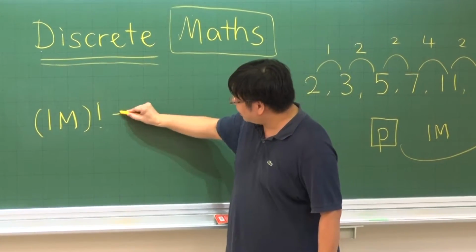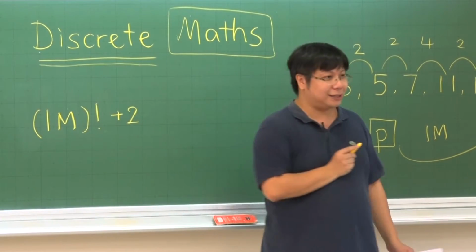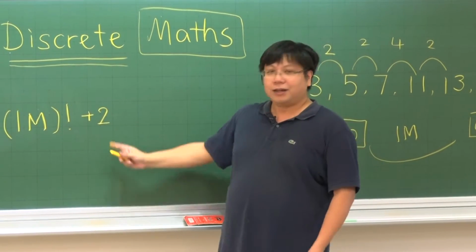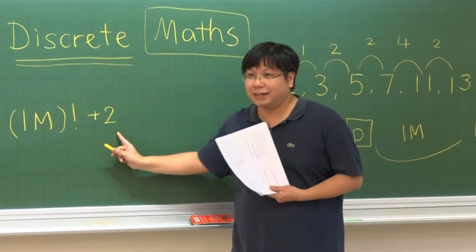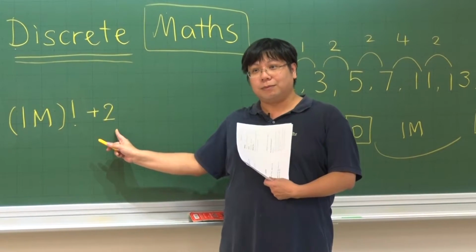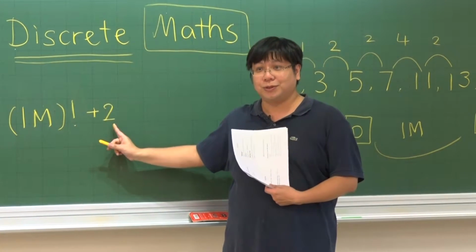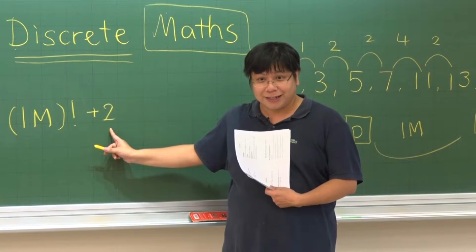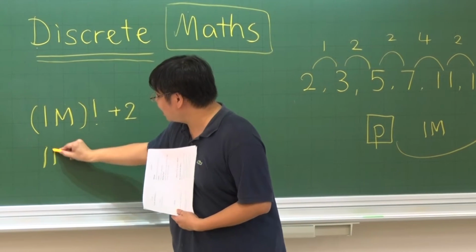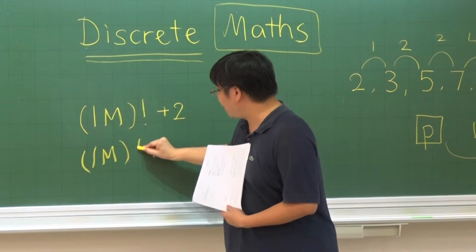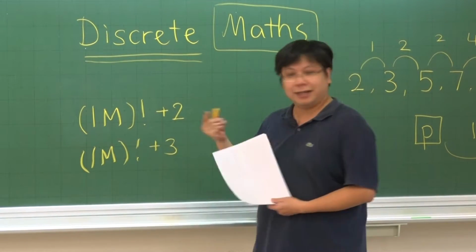Now, if I add 2 to it, this cannot be a prime. Reason: it is divisible by 2, right? So let's look at another number, 1 million factorial plus 3.